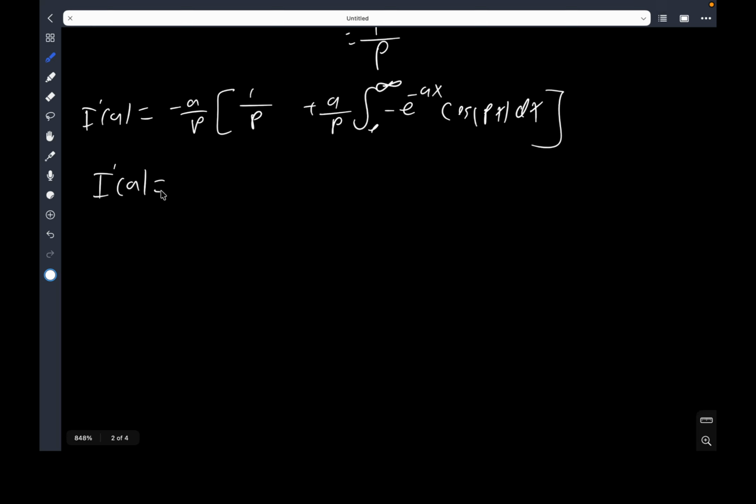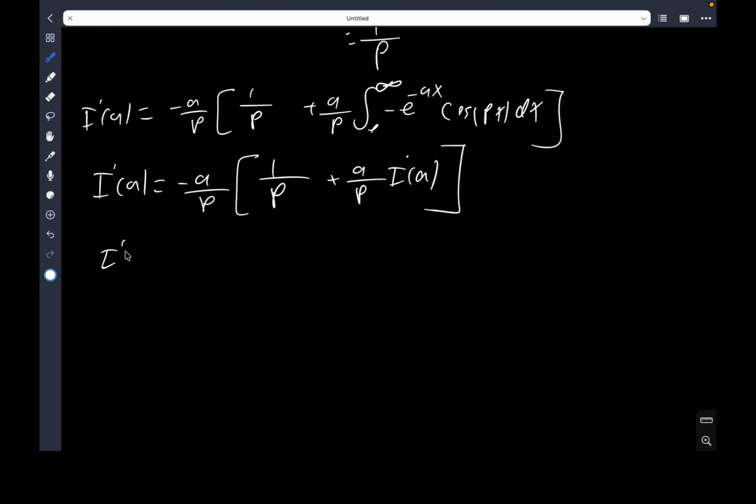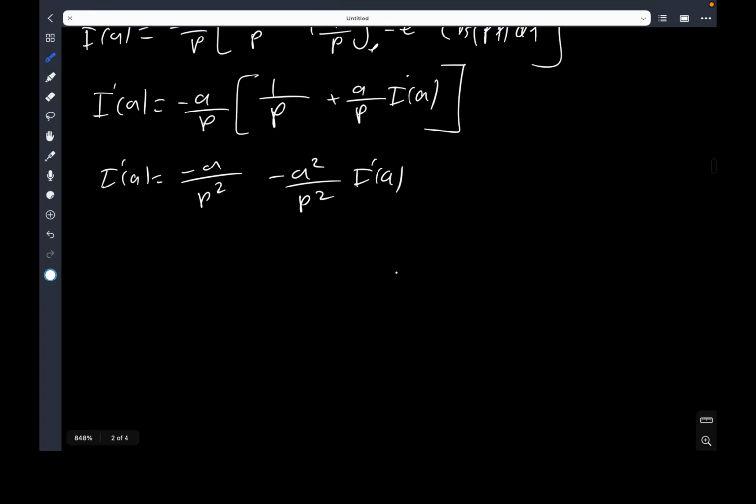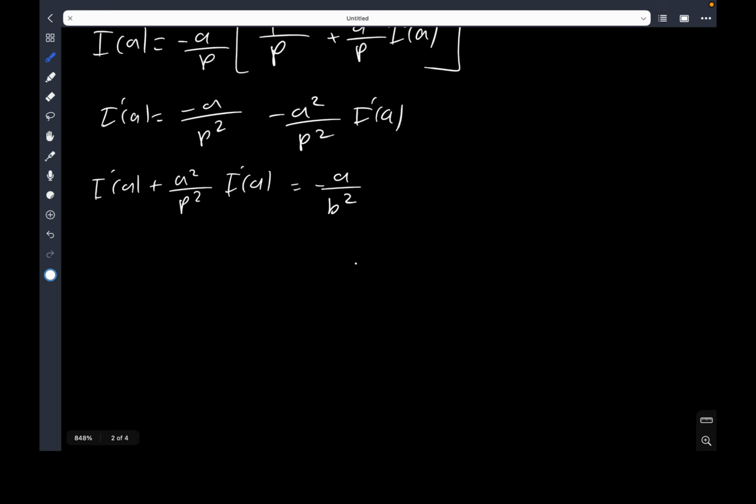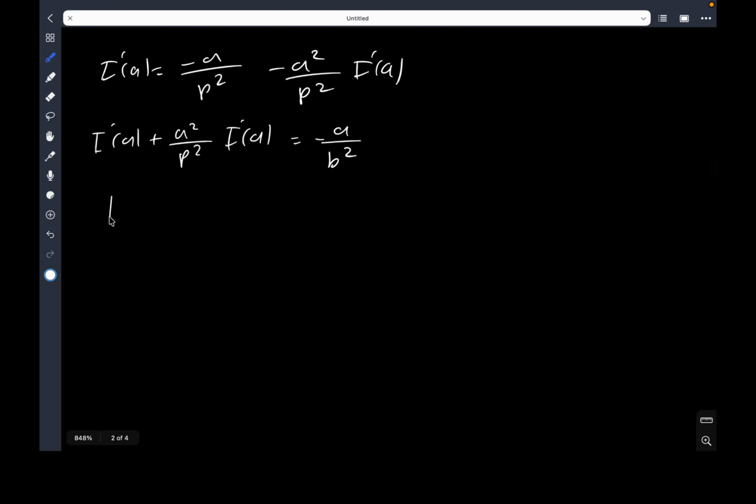I prime of a is negative a over p times 1 over p plus a over p times I prime of a, and I prime of a is going to be negative a over p squared minus a squared over p squared times I prime of a. So I have I prime of a plus a squared over p squared times I prime of a equals negative a over p squared.